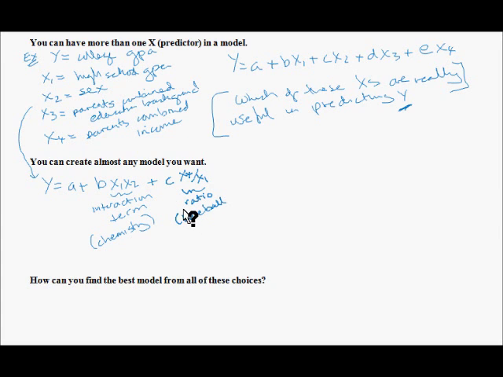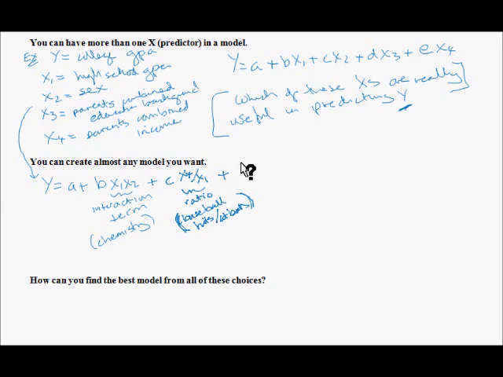If you're looking at number of hits, that by itself tells you something, but if you take that divided by at-bats, that makes more sense. How many hits they have per at-bat, that's a ratio term. So those sometimes make sense.